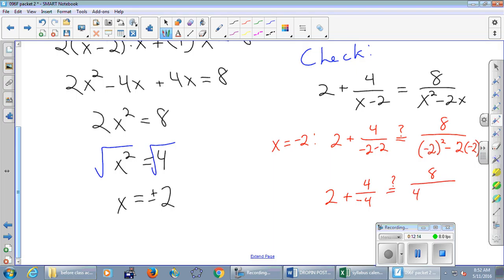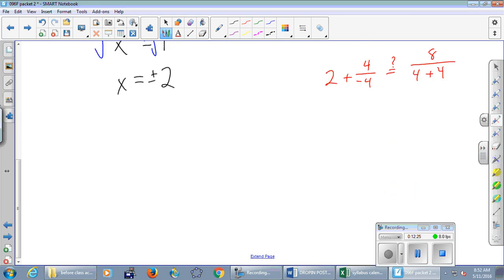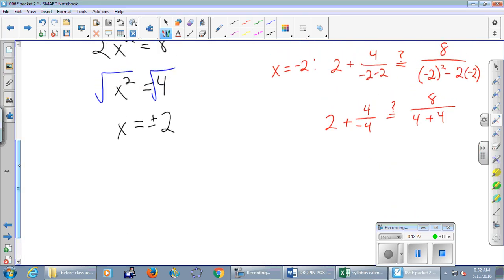So that's a 4, and then -2 times -2, it's a +4, right? Okay, so this becomes 2, and then 4 over -4 is a -1, so that's 2 plus -1 equals, with a question mark, 8 over 8.